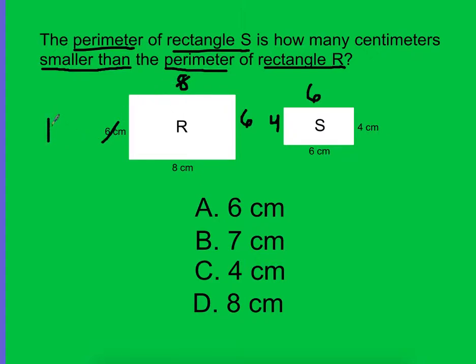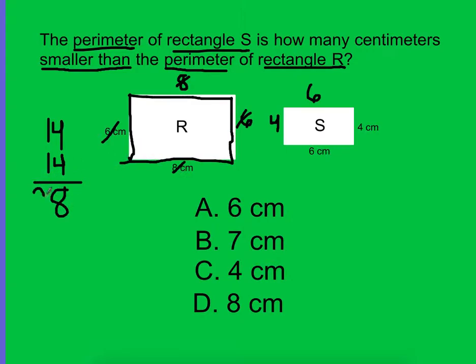So it's multi-step. First we would have to find the perimeter of this guy. 8 and 6 is 14 plus another 14, so that we've gone all the way around. We've gotten our 8 and our 6, and then the other 6 and the other 8. So it's 28.